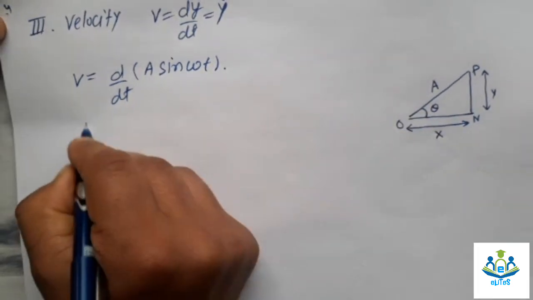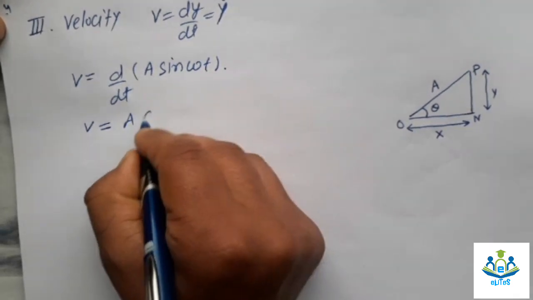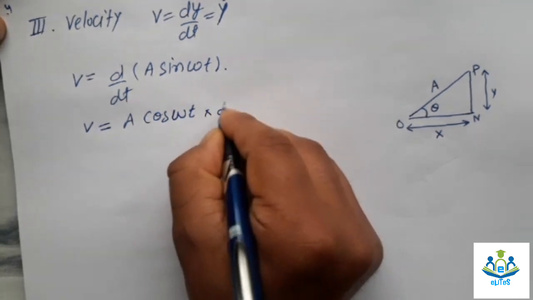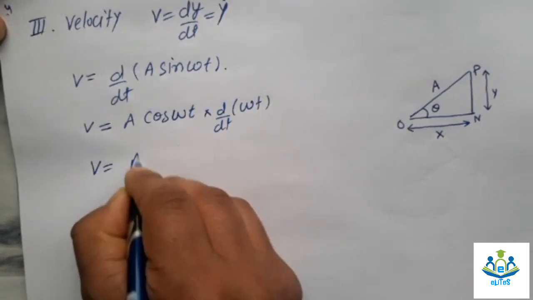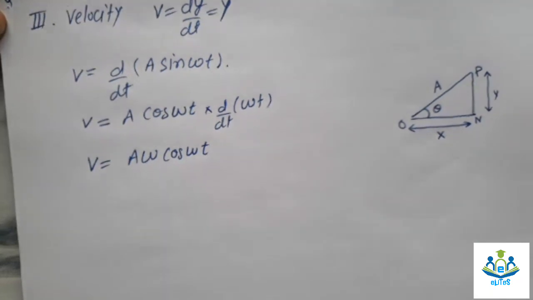Since a is constant, the differentiation of sine omega t is cos omega t, multiplied by the differentiation of the angle omega t. Then the velocity will be a omega cos omega t.